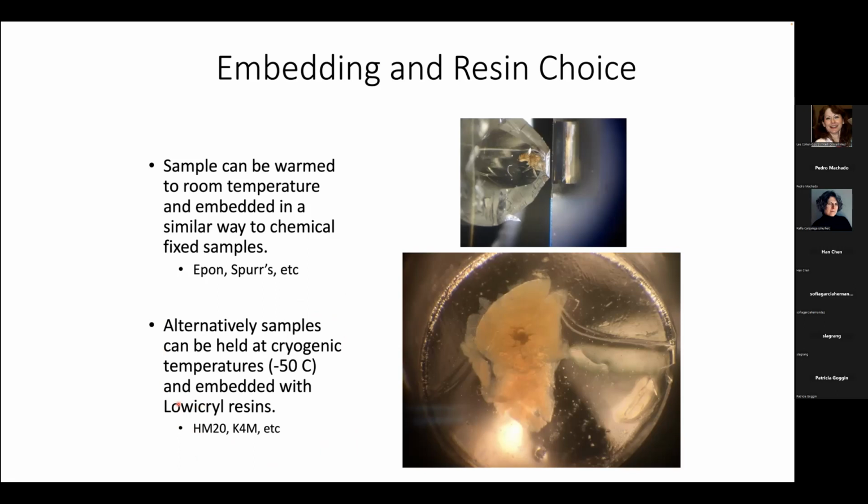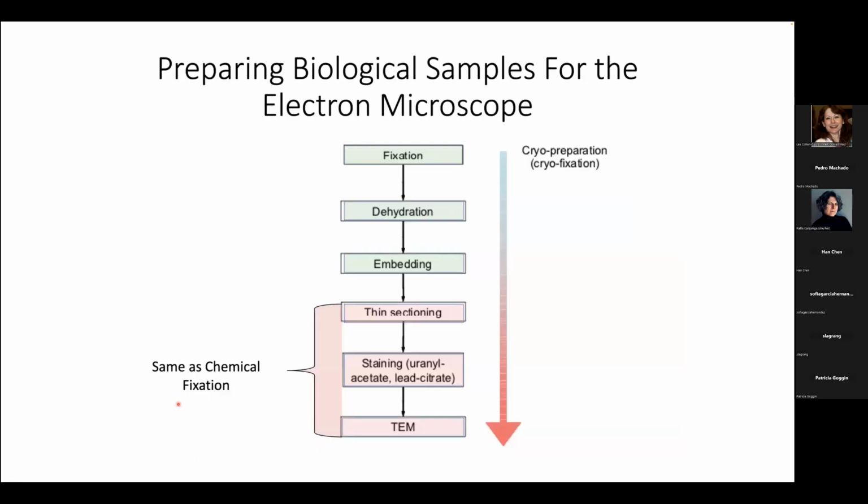The rest of the process, thin sectioning, staining, and TEM, is exactly like you would follow for a chemical fixation protocol. So really, the work is done up at the top: introducing cryofixation methods, then freeze substitution, and then choices of embedding.